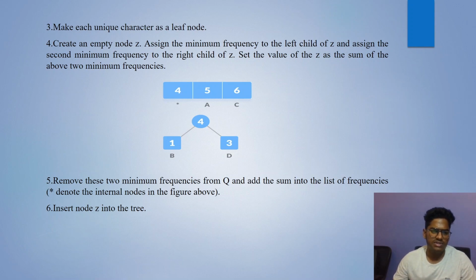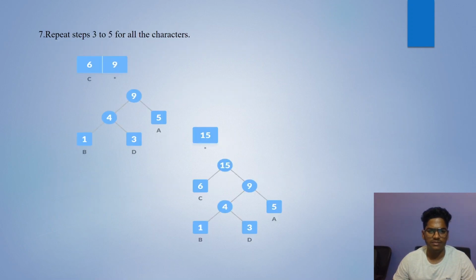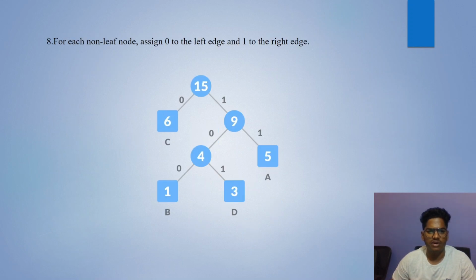Now insert node Z into the tree. Now we repeat the steps 3 to 5 for all the characters. Now 4 and 5, which are the minimum nodes, are added and the 9 is added into the queue, and then 6 is also added, making it 15. For each non-leaf node, assign 0 to the left edge and 1 to the right edge.